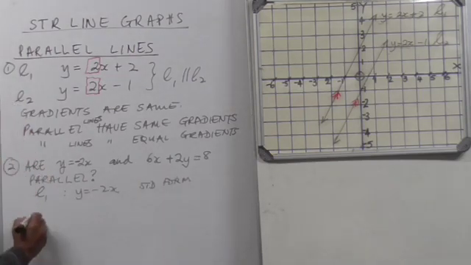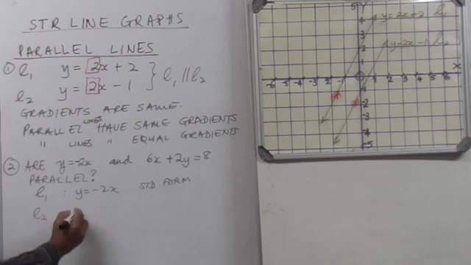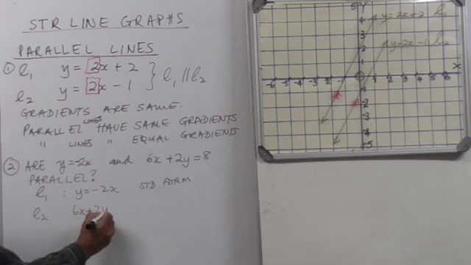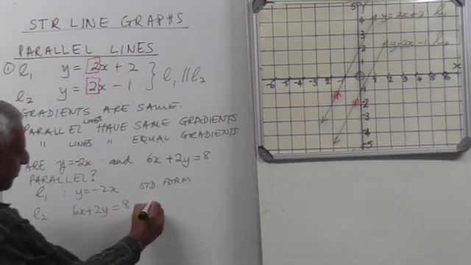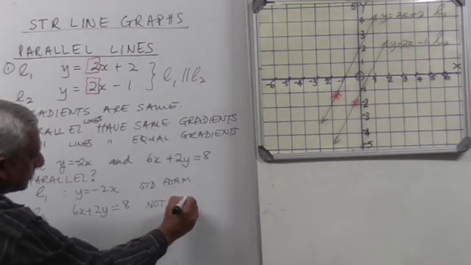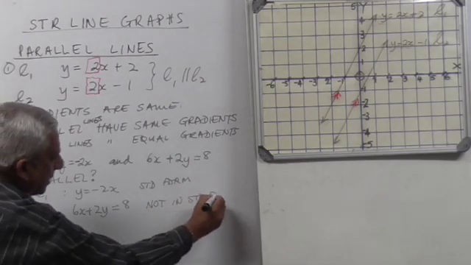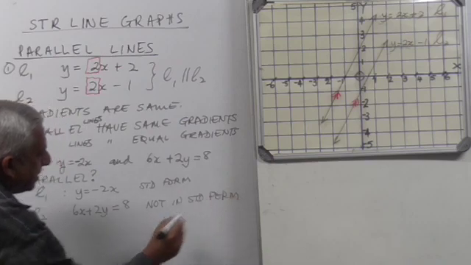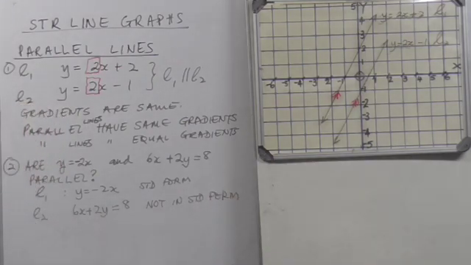Now if you take line 2, you are told 6x plus 2y is equal to 8. Now this is not in standard form. Before you can talk about parallel lines or perpendicular lines, you must have equations in standard form. This one is in standard form. This one is not, so I have to bring it to standard form.